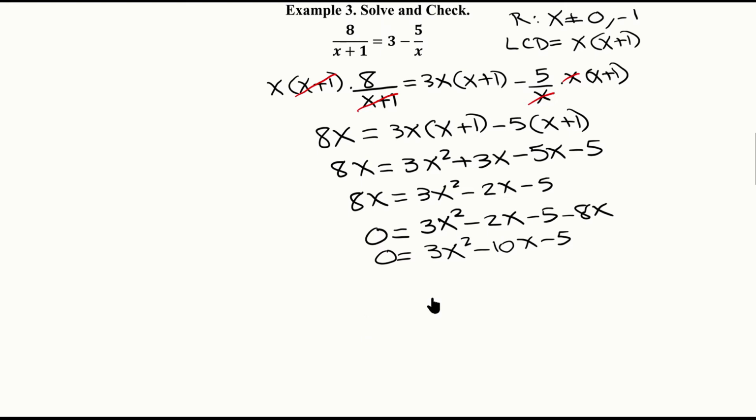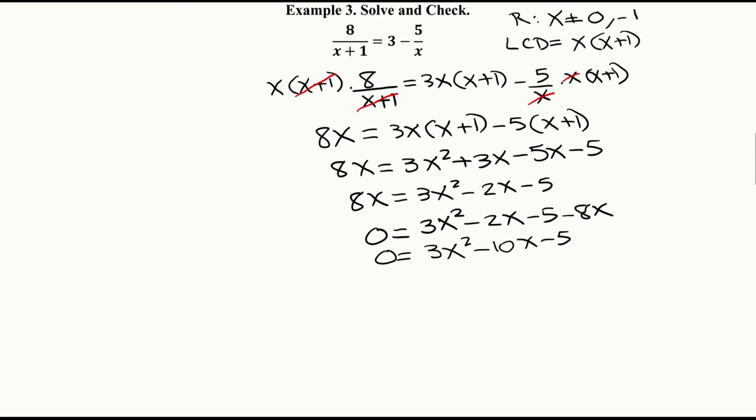Just through experience, this does not look factorable to me. You can give it a few seconds of trial if you like, but you're gonna realize this is not factorable. Now, there is a quick way to see if it's factorable or not. If you recall from our previous video where we introduced the discriminant.